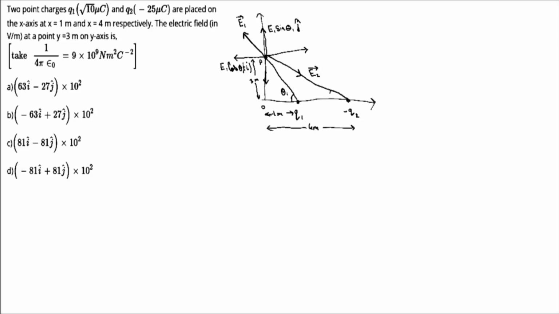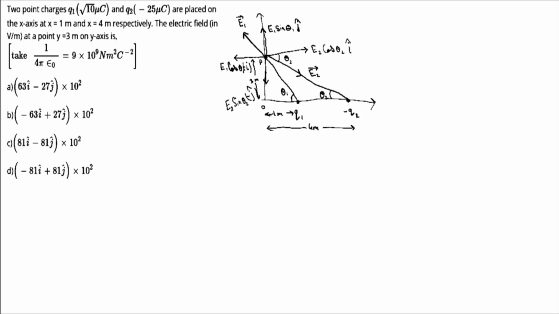Now if this is theta 2, this will be the alternate angle as they are parallel lines, so it will be E2 cos theta 2 in the positive i cap direction. The other component will be E2 sin theta 2, and this will be in the negative j cap direction. So this is the situation we have.